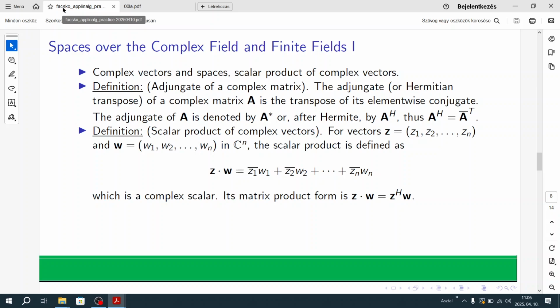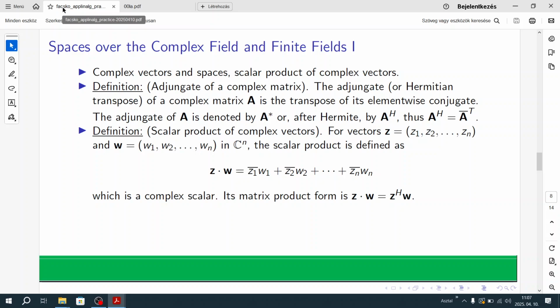First, the argument of a complex matrix. This argument is not that argument, and actually I should tell you the conjugate transpose. That's the exact term in English. First, what is the conjugate?